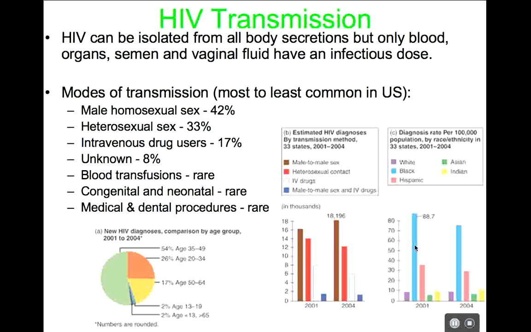African Americans extraordinarily high. Hispanic Americans quite high. Asian Americans a little bit lower. And then Native Americans on par with the Caucasian population. So disproportionately higher in ethnic groups, in African Americans and Hispanic Americans, we see a much higher risk for HIV transmission. We're going to talk more about this in a few moments.